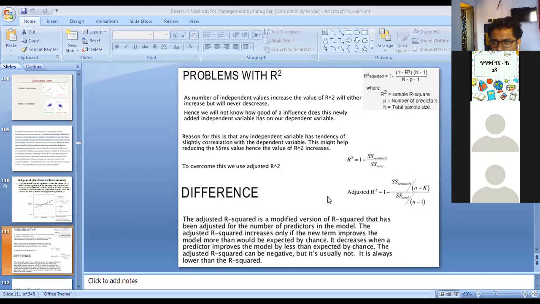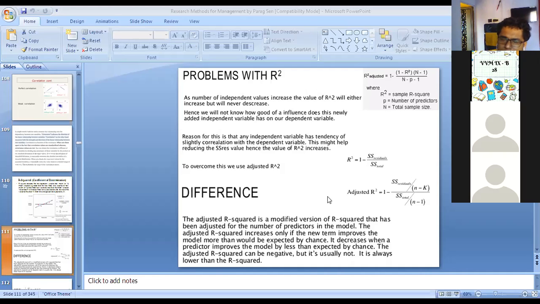Adjusted R square will only increase if the newly added values really improve your model in terms of the relationship.